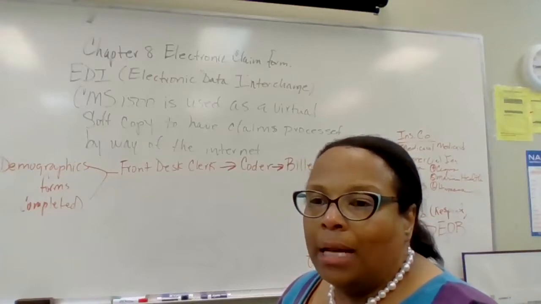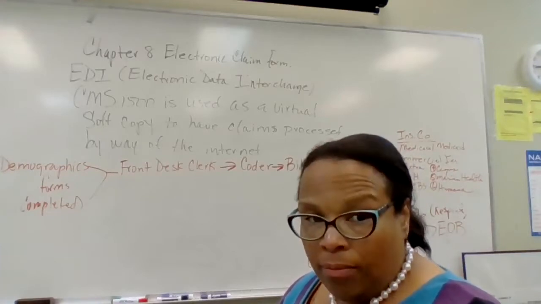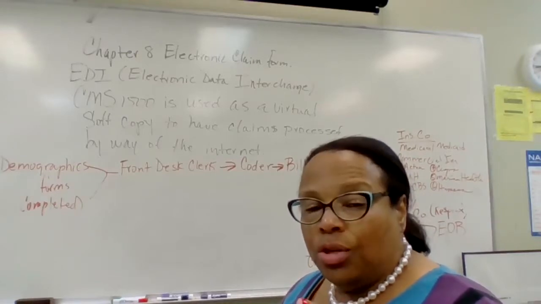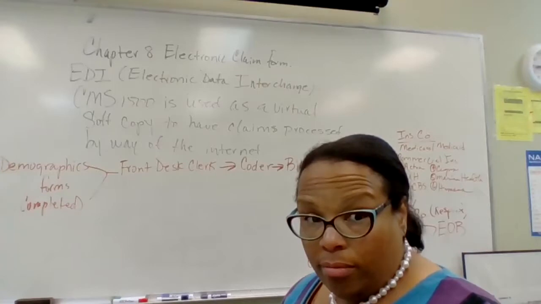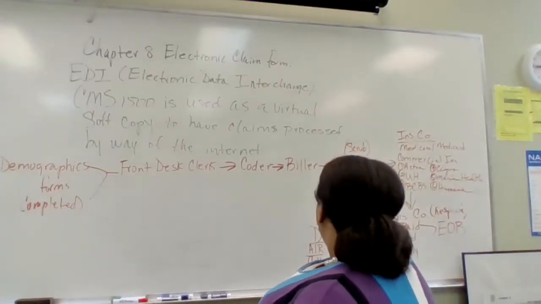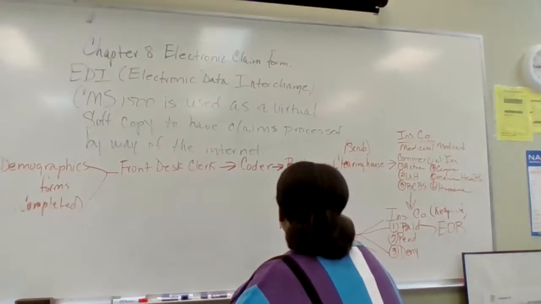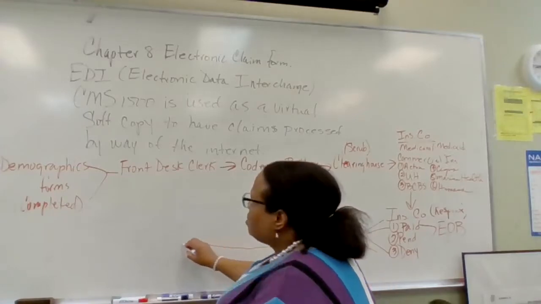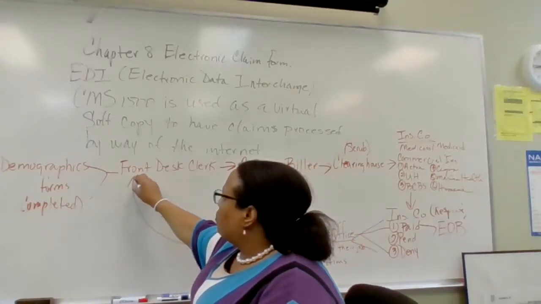So please know your policy and the laws in your state, according to what insurance company you're doing this for. Okay. All right. Now, once it comes back to the doctor's office, then you need to do this. And once you do this, pretty much the cycle starts all the way back over.